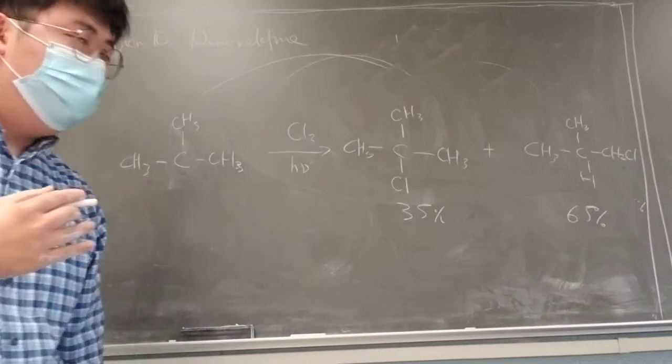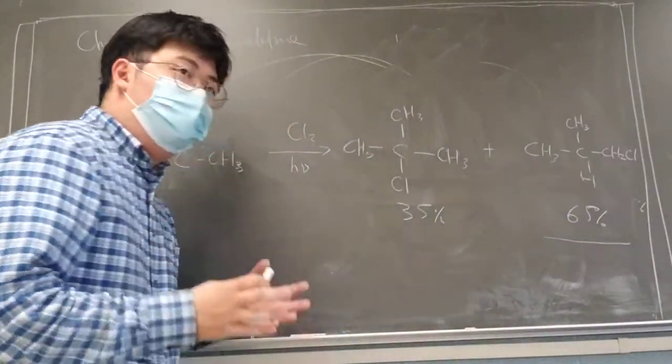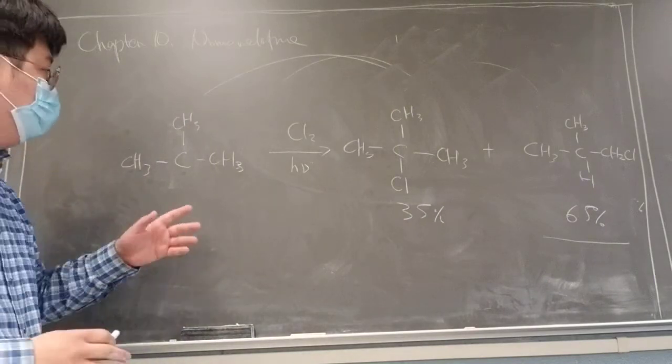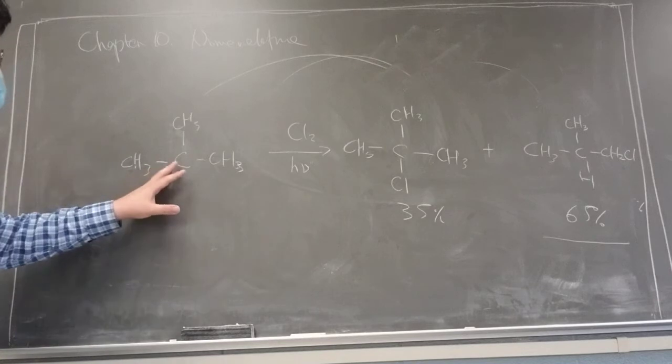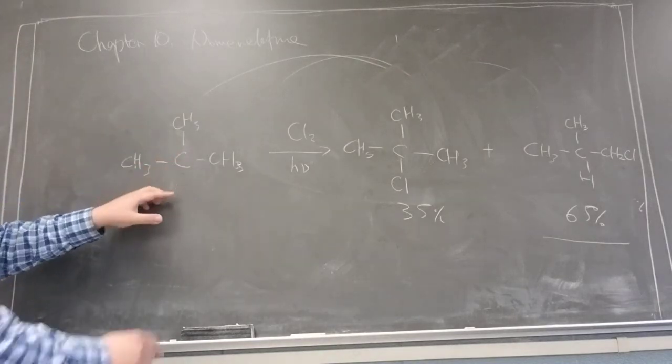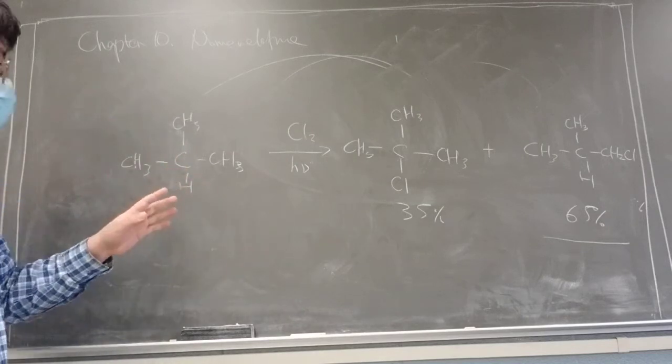So you might think, oh, maybe this is the major product, and chlorine wants to bond to the terminal instead of internal, which is wrong. Because once again, you need to think about the individual hydrogen.